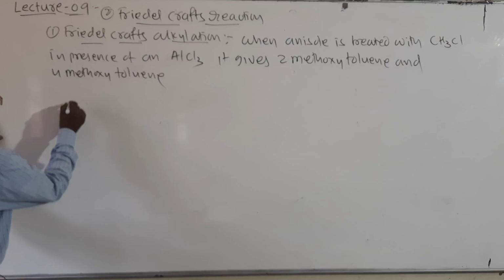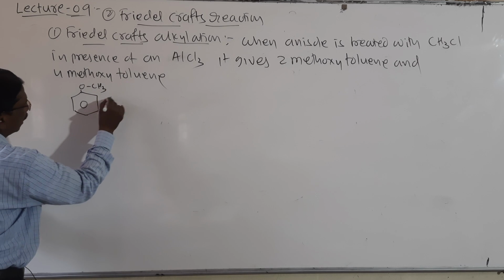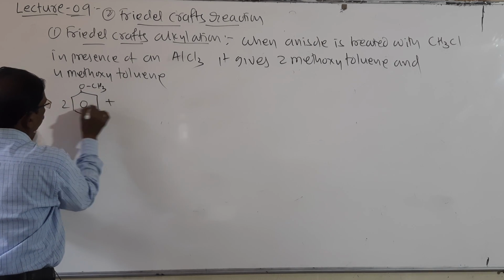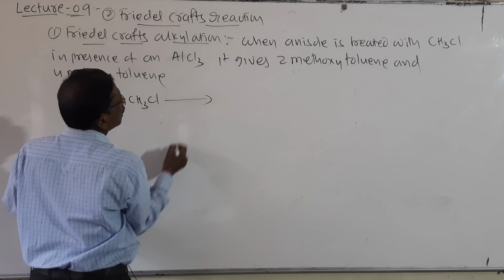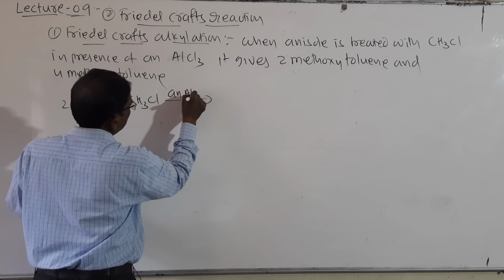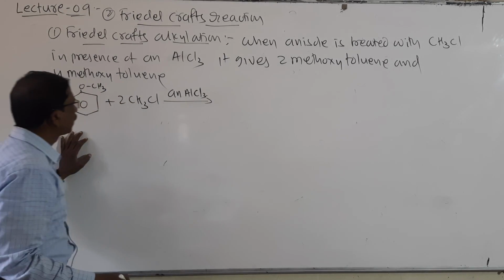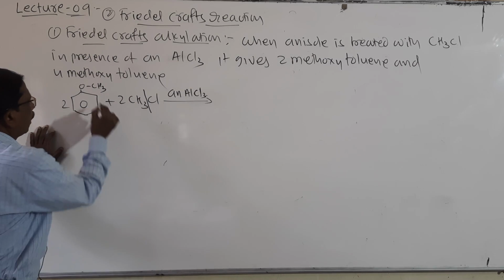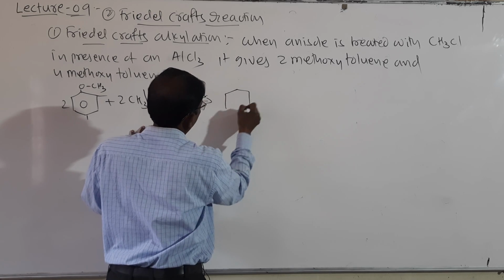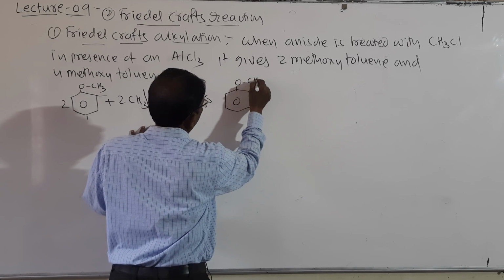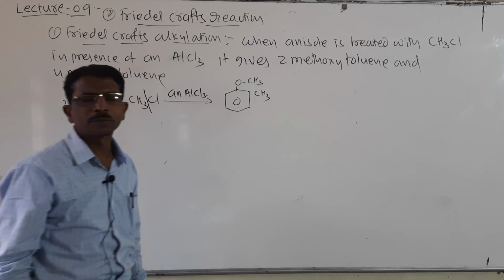So I will write here the reaction. OCH3 plus CH3Cl in presence of anhydrous aluminum chloride, AlCl3. So here it attacks ortho and para position. Look at students, OCH3, and here the CH3 group attacks the ortho position.